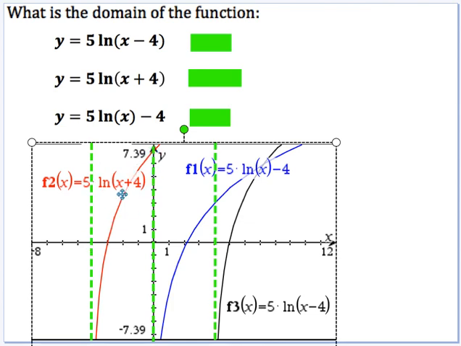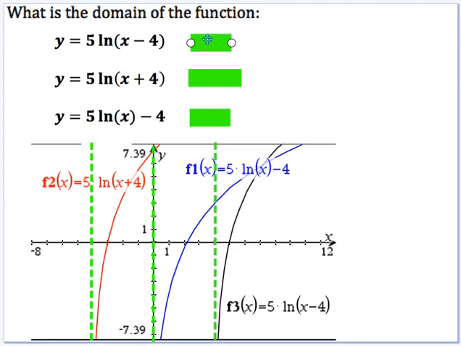Let's start with x -4. The black one is my first one. You have this asymptote right here where it's at 1, 2, 3, 4. It's at +4, so that one would be from 4 to infinity because it's increasing.